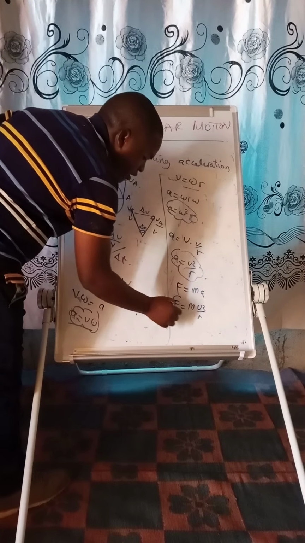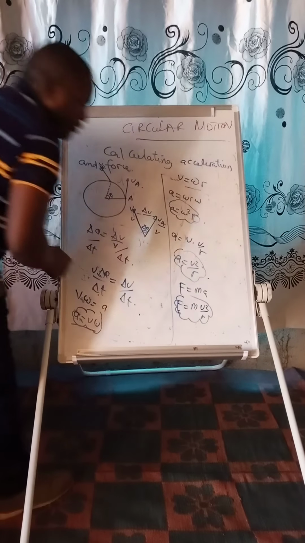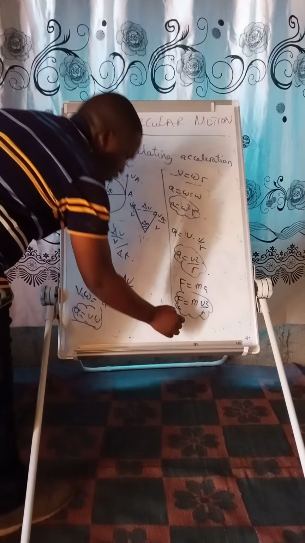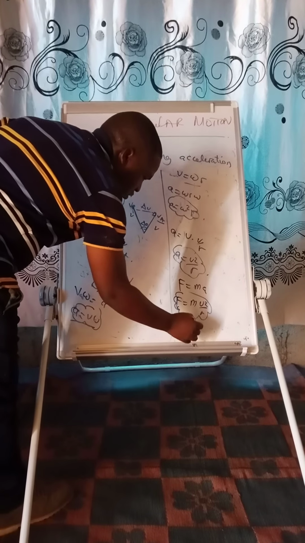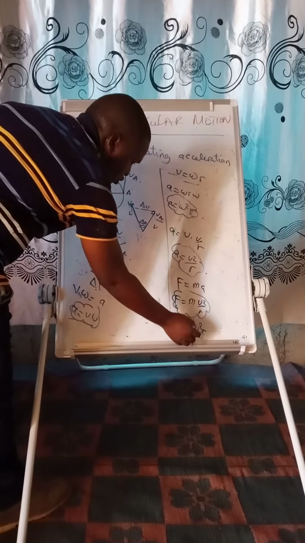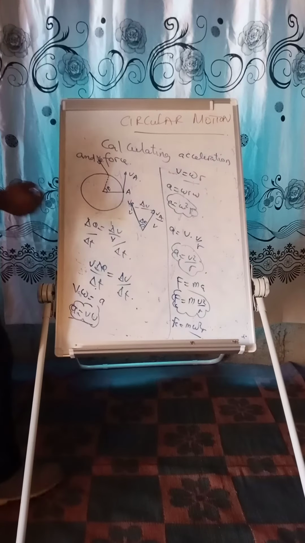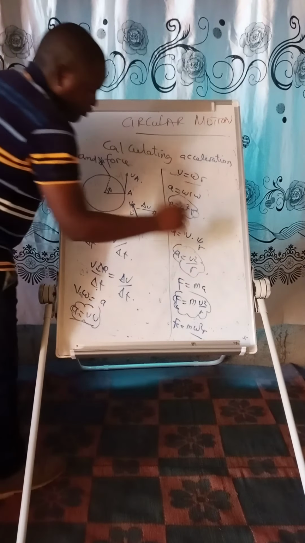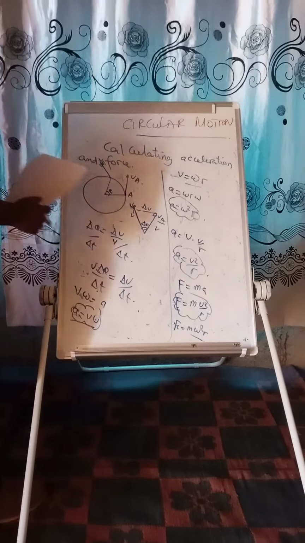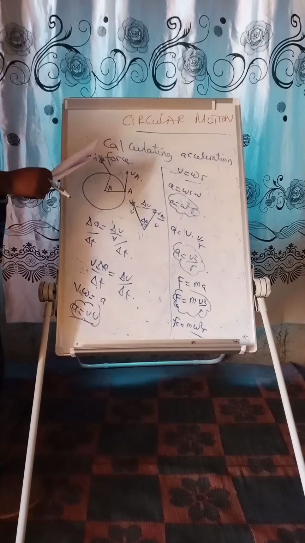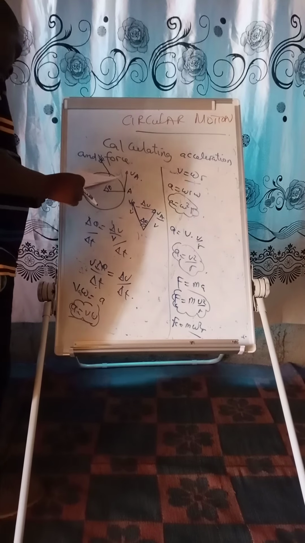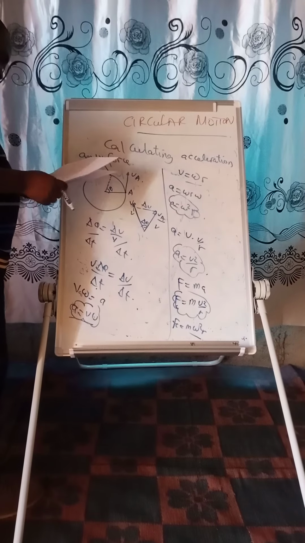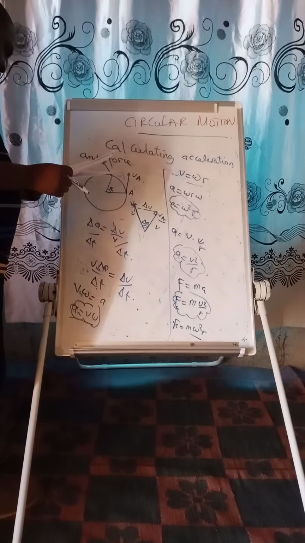So this is our formula for centripetal force, or mass times omega squared r if you want to use omega. How can we find centripetal force? By knowing the acceleration of an object in a circle.